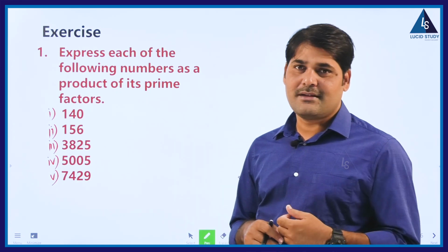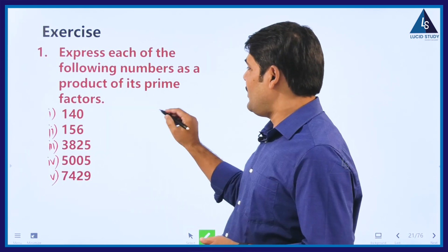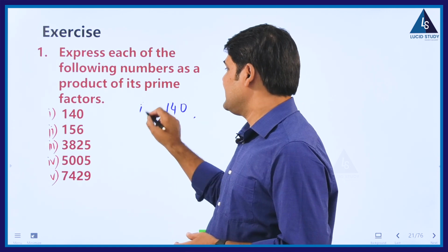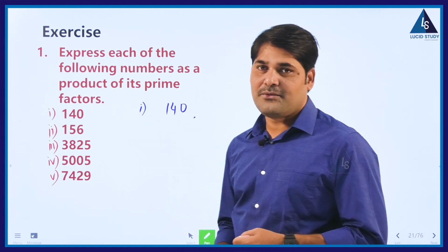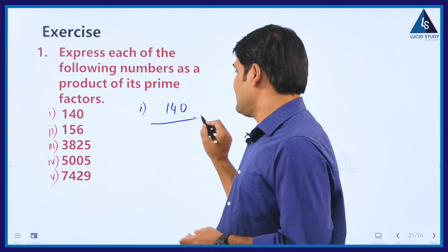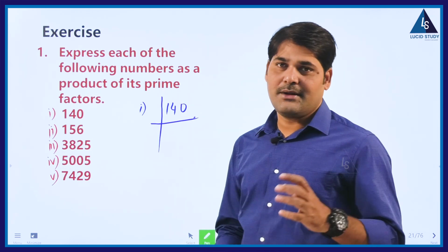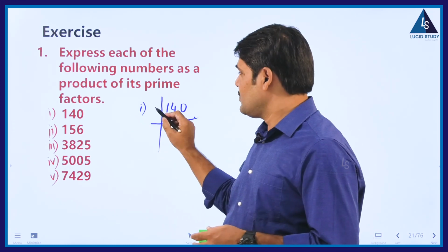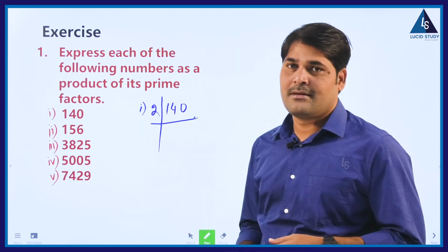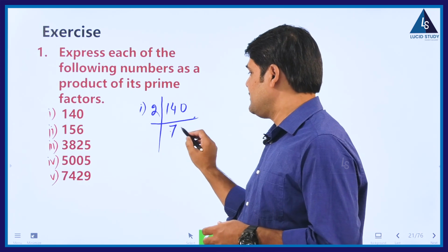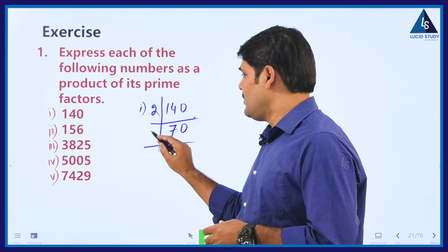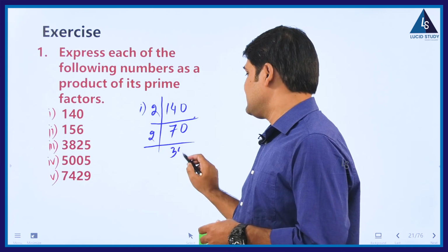It was very easy. See, what is the first question? 140. So how can we write 140 into prime factors? Let us see. You only need to choose prime numbers on the left side and divide. So the 2 table is divisible: 2 70s are 140. Again the 2 table we can divide, so 2 35s are 70.